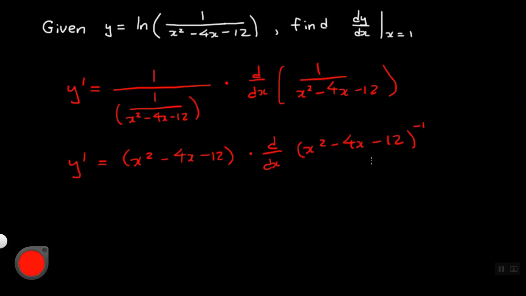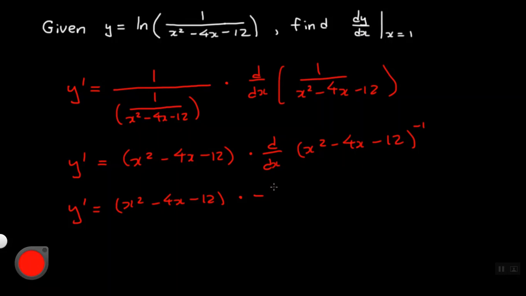Then we can use our power rule to differentiate that, but also the chain rule because we have a trapped quadratic there. So let's keep going. We have x squared minus 4x minus 12, which we're finished with. Just have to rewrite it. Now we can do our power rule, followed by application of the chain rule.